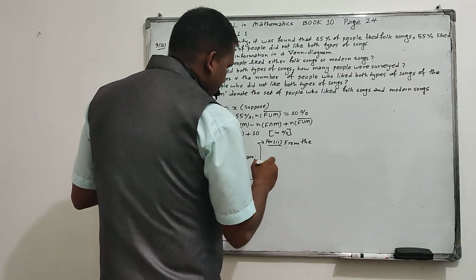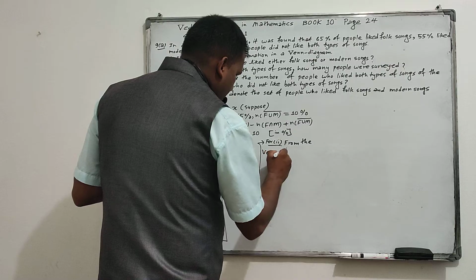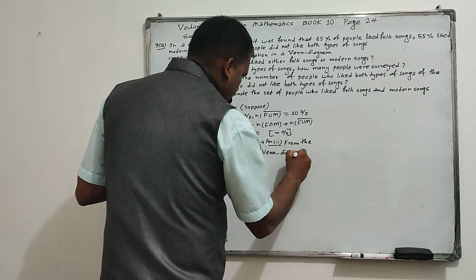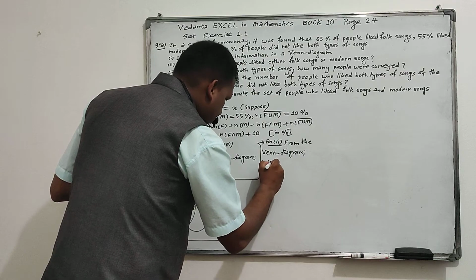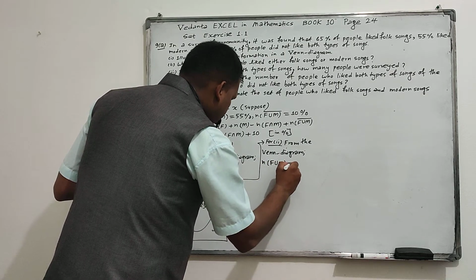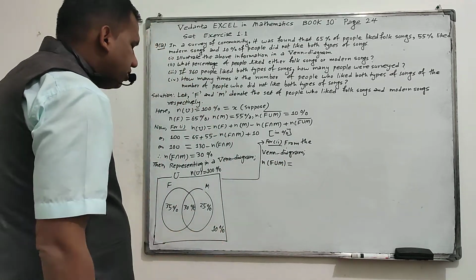From the Venn diagram, number of F union M equal to, either means union, their union.